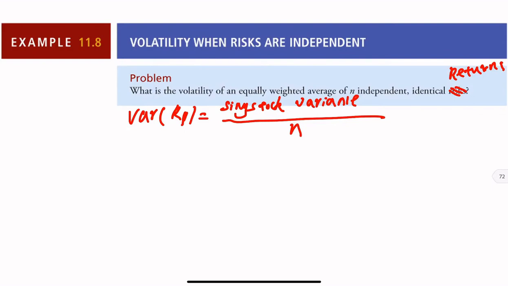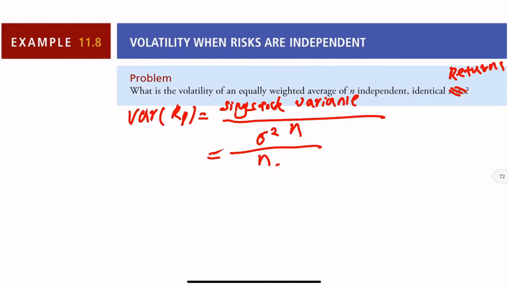Now, let's call the single stock variance sigma squared. So the variance of the portfolio is equal to sigma squared divided by n here, right?